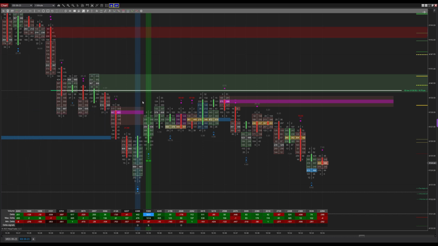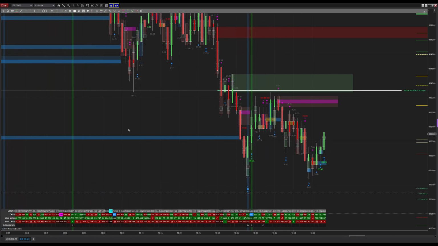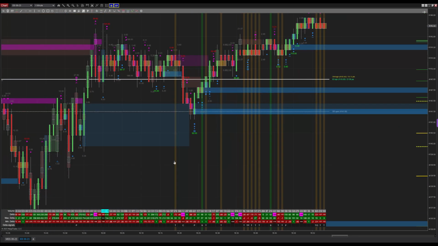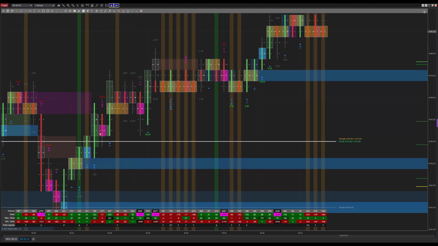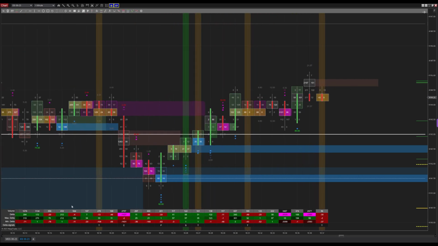Now, you start adding a whole bunch of vertical stripes, and you can get yourself to the point where you've got too much information, right? It's too much. Is there a clear decision to be made here? Maybe yes, maybe no. I just caution you to getting paralysis of analysis, because you've got signals on every bar, and every bar is not trade worthy, right? I think we could probably agree to that.